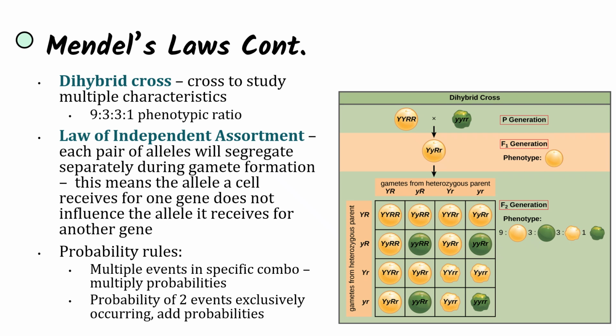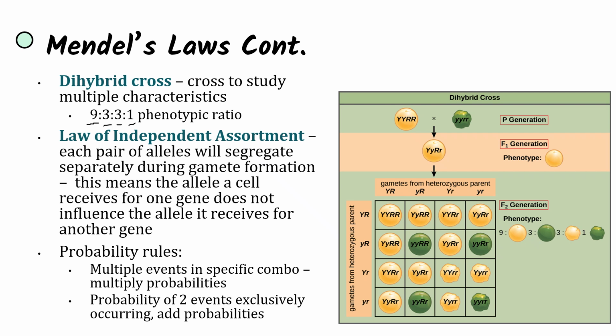And the phenotypic ratio there is going to be 9, 3, 3, 1, meaning that 9 are going to have the dominant allele for both of the traits. 3 are going to have dominant and recessive, and then the other 3 are going to have recessive and dominant, and then the last one is going to have recessive traits.